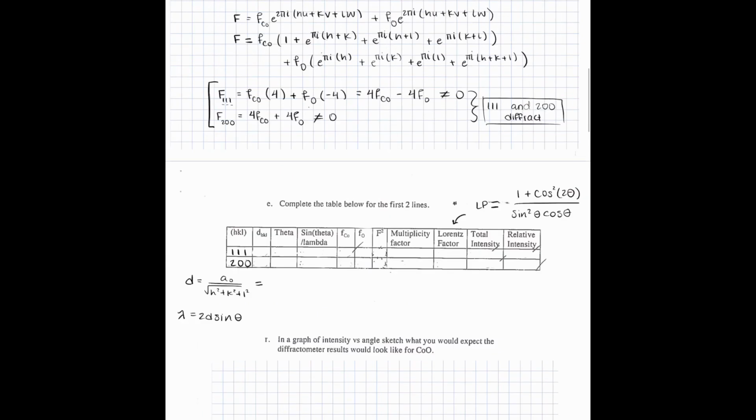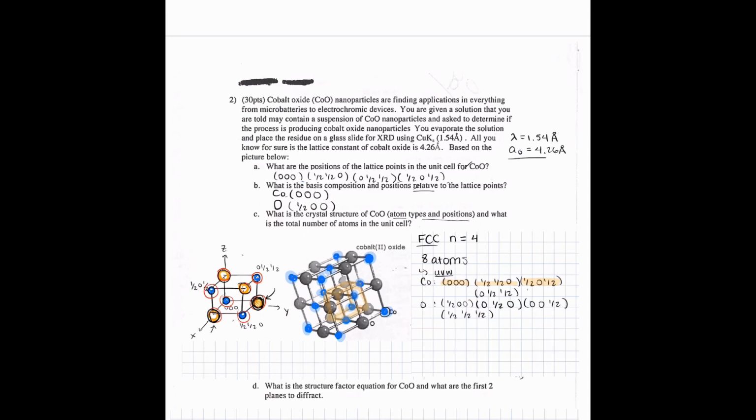So our HKLs are the planes that we found in the last problem that diffract. And that's going to be 1, 1, 1 and 2, 0, 0. All right. Our d's are going to be the a naught that we were given in the very beginning, this right here, 4.26, divided by the square root of the sum of the squares of the indices from our HKL. So this is going to be the square root of 3 for 111.